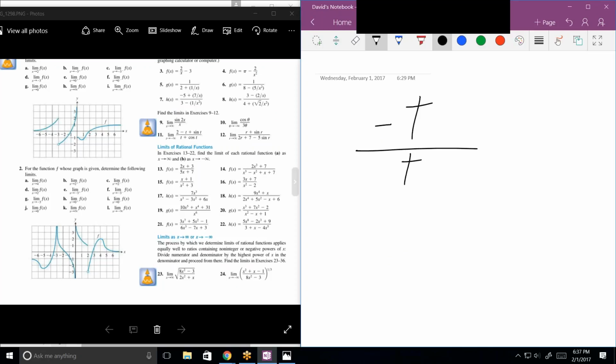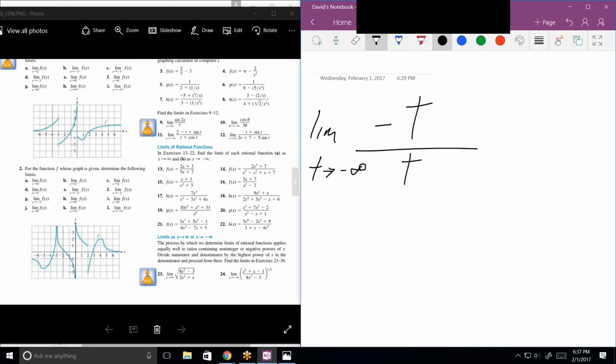This is similar. What is the limit of that as t goes to negative infinity? Would it be negative infinity? Or would it be 0? Negative 1. Okay, negative 1.